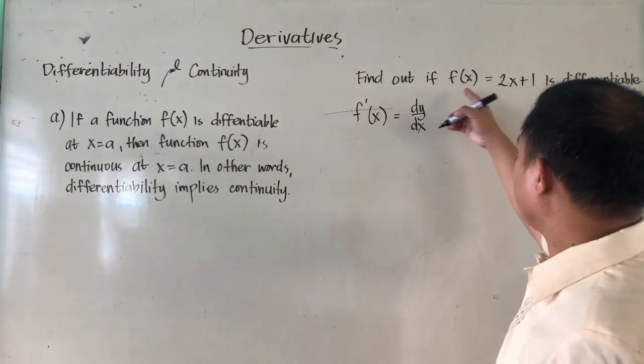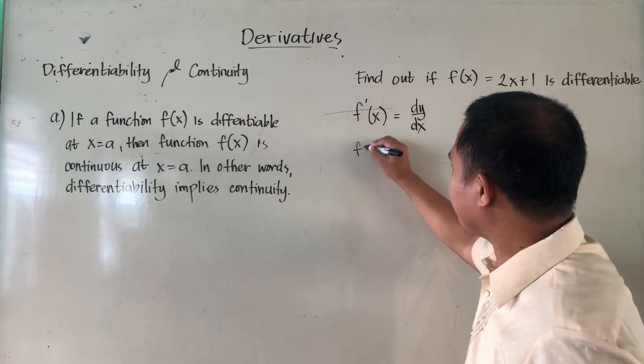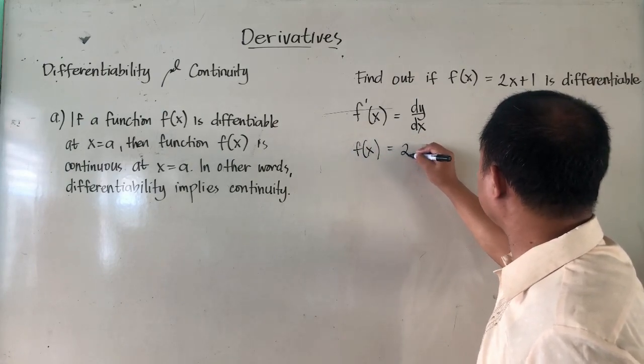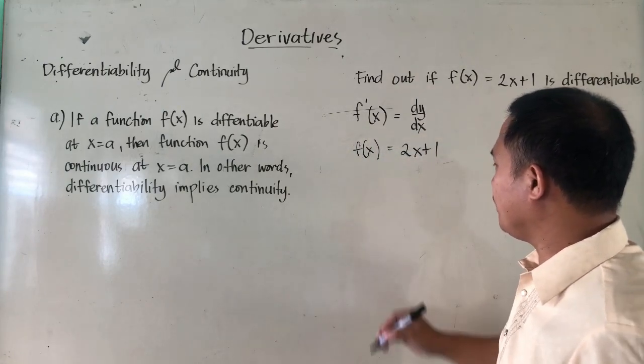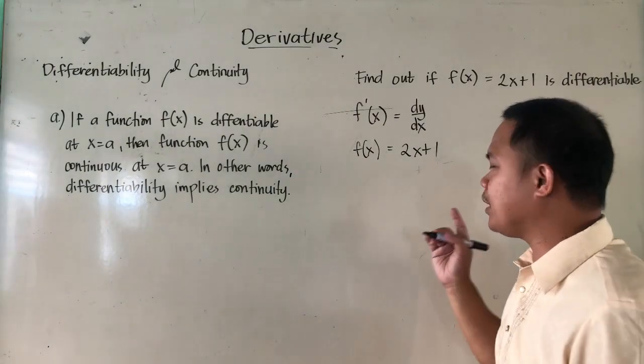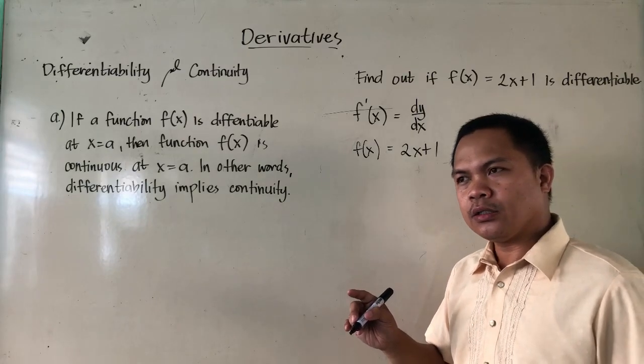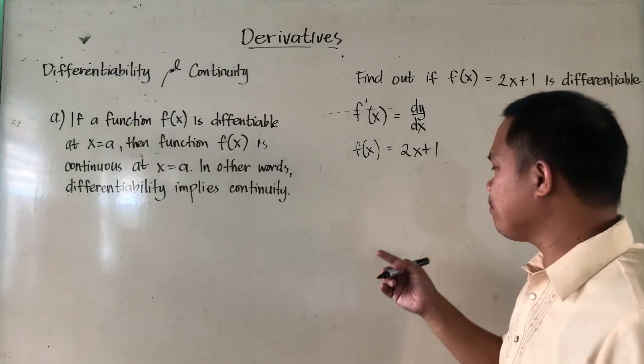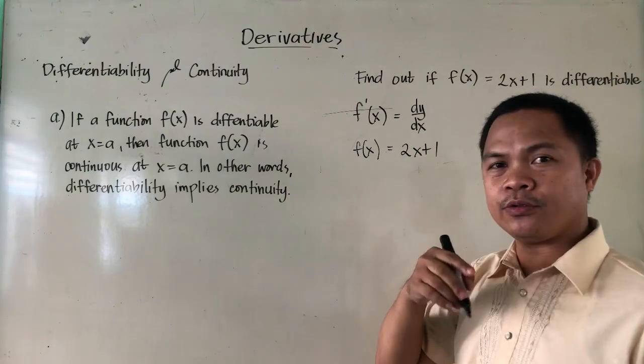So, we have f of x equals 2x plus 1, and we're going to find out if this given function is differentiable. Let's solve this using the formula that I gave to you a while ago.